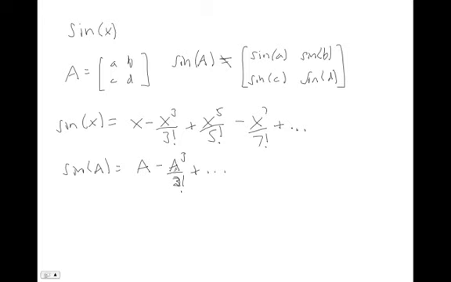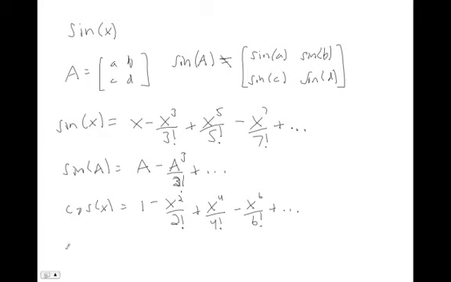And it turns out there are other functions that this works for as well. So, for instance, cosine of x, what's its series approximation? 1 minus x squared over 2 factorial plus x to the 4th over 4 factorial minus x to the 6th over 6 factorial plus dot, dot, dot.